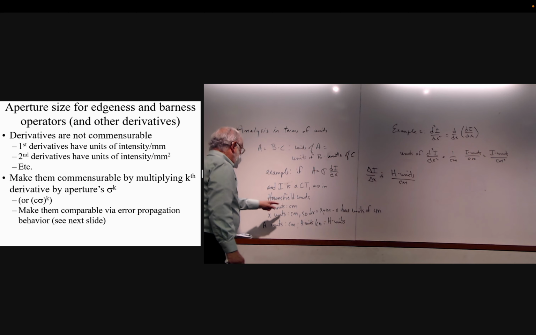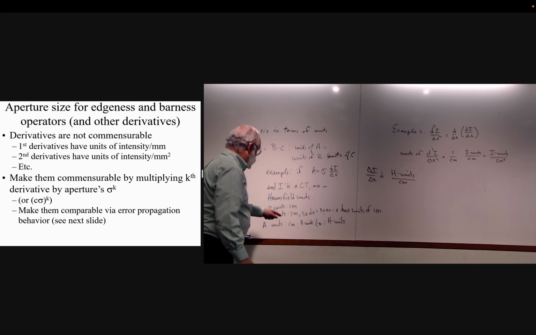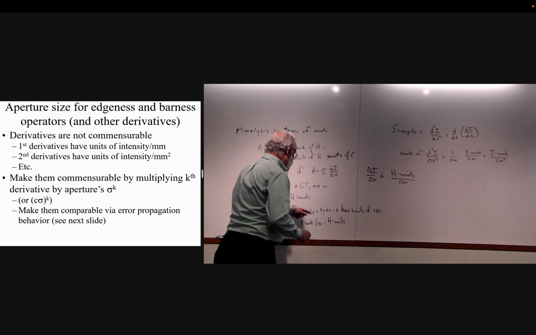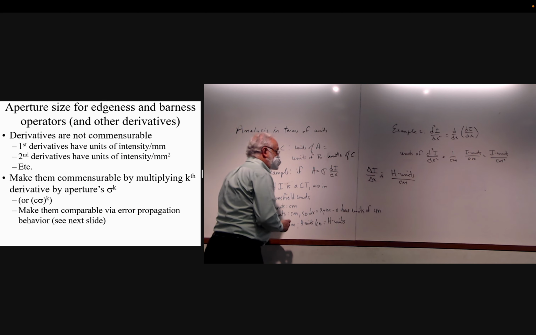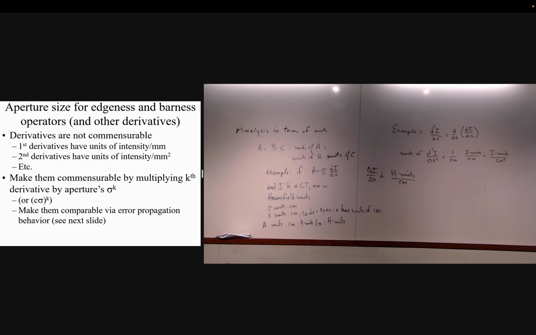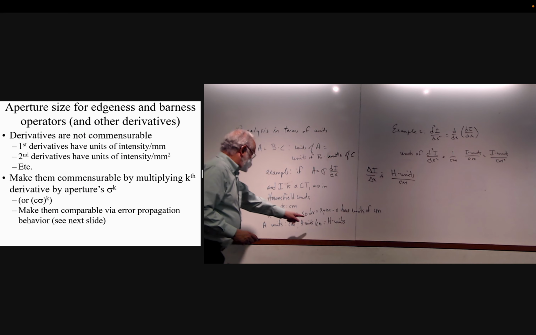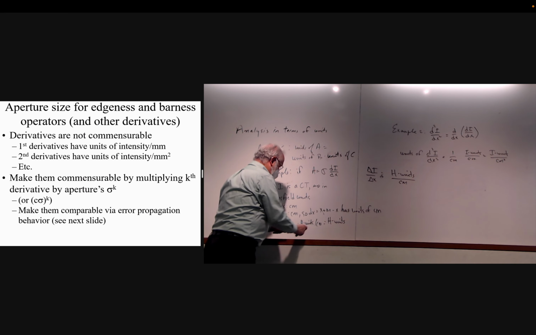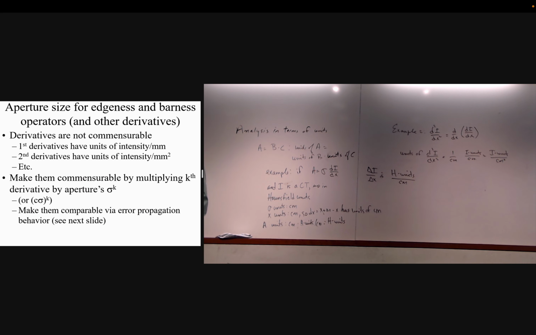And now sigma is in centimeters, so if you have centimeters times Hounsfield units per centimeter, the centimeters cancel, and you get Hounsfield units, right? So you just play this game of units where you treat them as things you can cancel or multiply by.